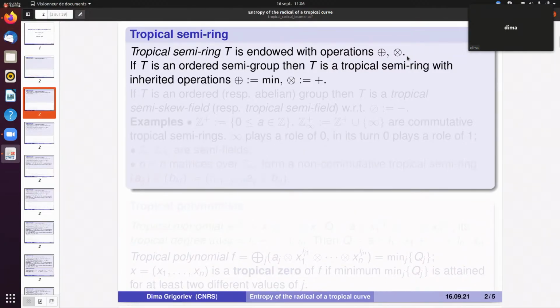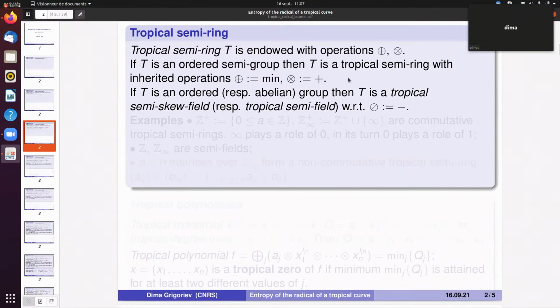The main source of tropical semi-rings is usually an ordered semi-group T, which is a tropical semi-ring with the inherited two operations, where the addition is the minimum and the multiplication is the semi-group operation.